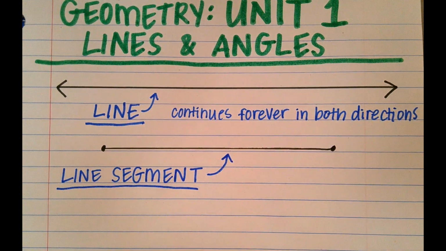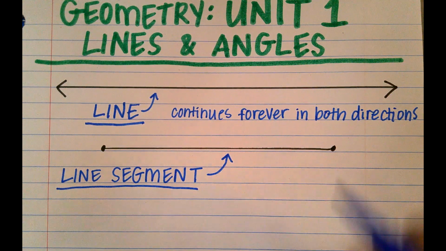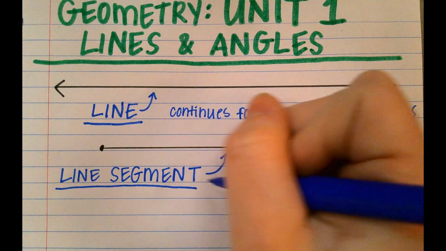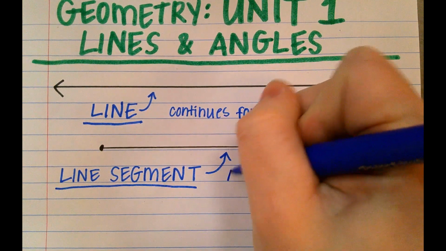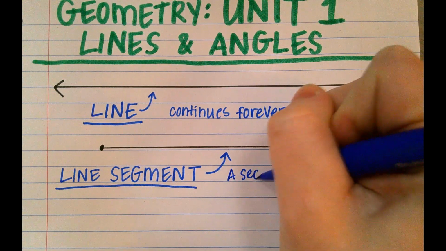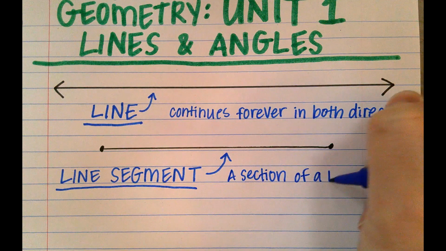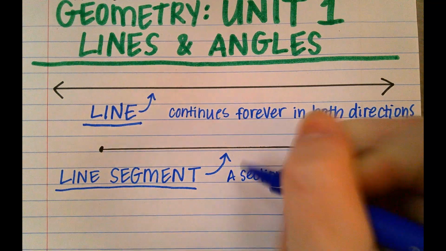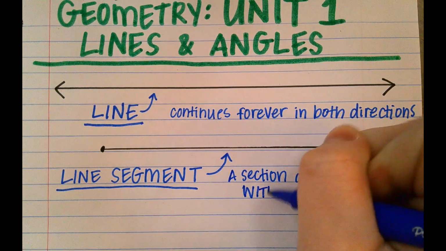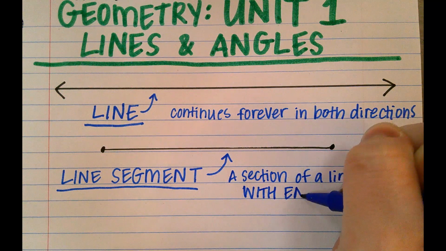Basically, this is a piece of a line or a section of a line. Segment just means a section, a smaller portion. So we will say a section of a line with end points.